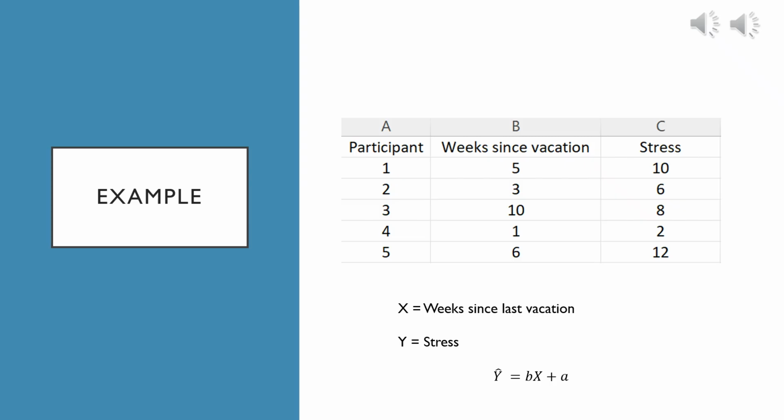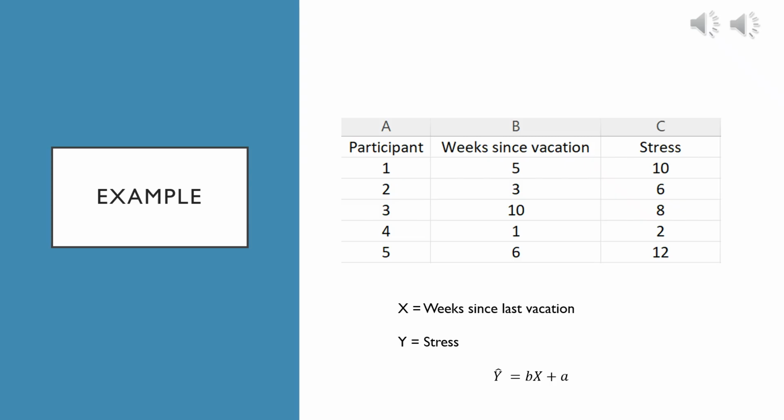And then from there, we could actually say, well, if I know the amount of weeks since my last vacation, let's say it's 8 or something like that, or 34, what level of stress would we predict? So our X variable, our predictor variable, is weeks since vacation, and our Y variable, our outcome variable, is going to be stress.